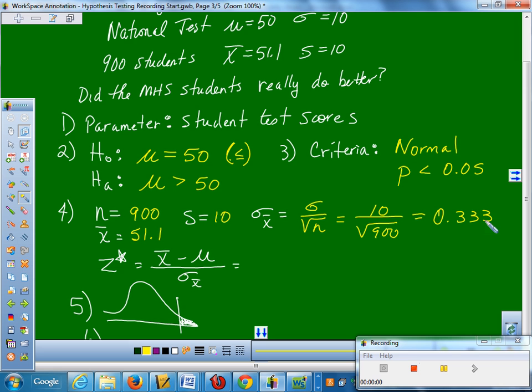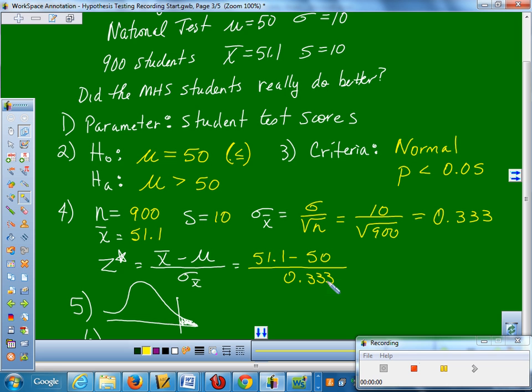Okay, then last but not least, the kicker, the one that you really need, is the test statistic, the z-star. What is the z-score we're going to use to look this up in our table? And basically what we need to do is compare the sample mean to the population mean, which is 51.1, minus the population mean of 50, divided by our standard error of 0.333.